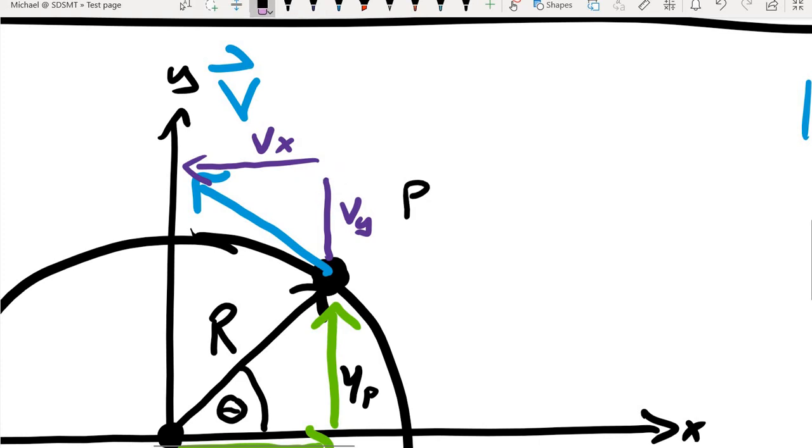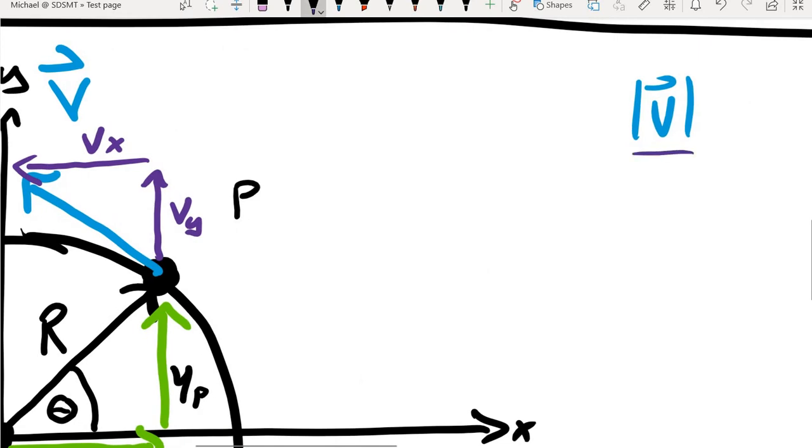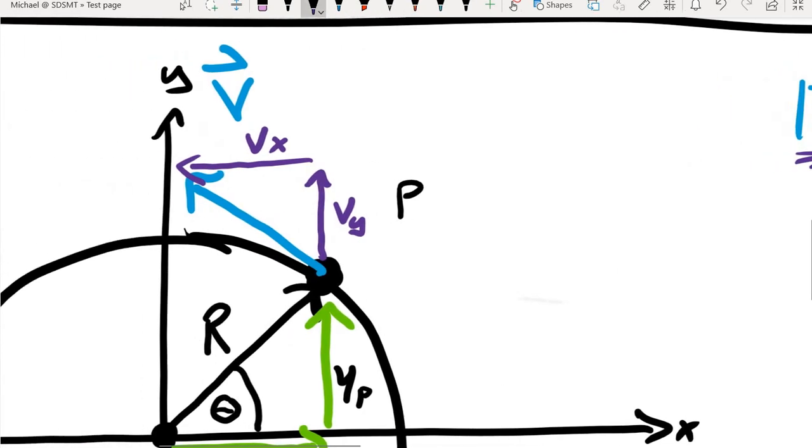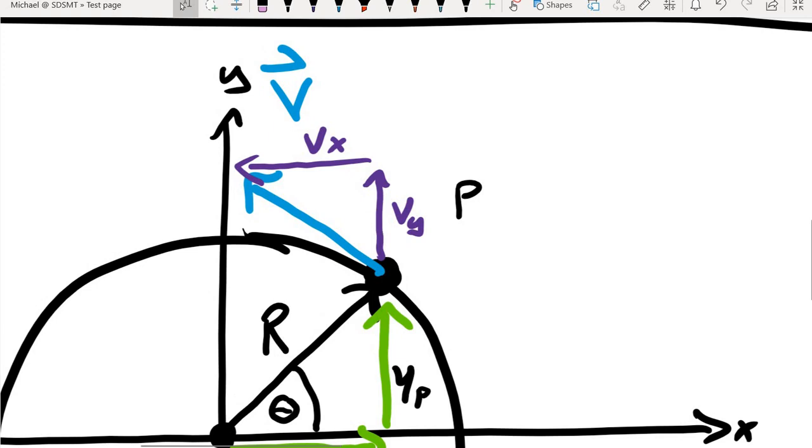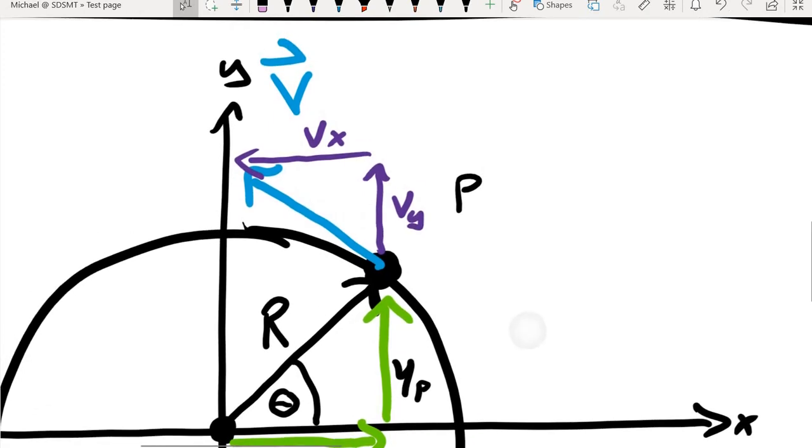But as far as the other angles within that triangle, if I could get some information about one of those, then I can relate the x and y components to the magnitude of that velocity vector, which is really my goal. If I can relate things to the magnitude, all the better. So here's how we're going to do that.